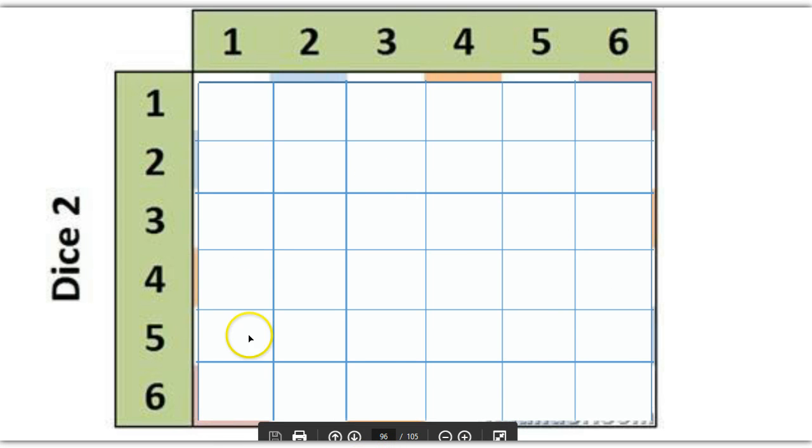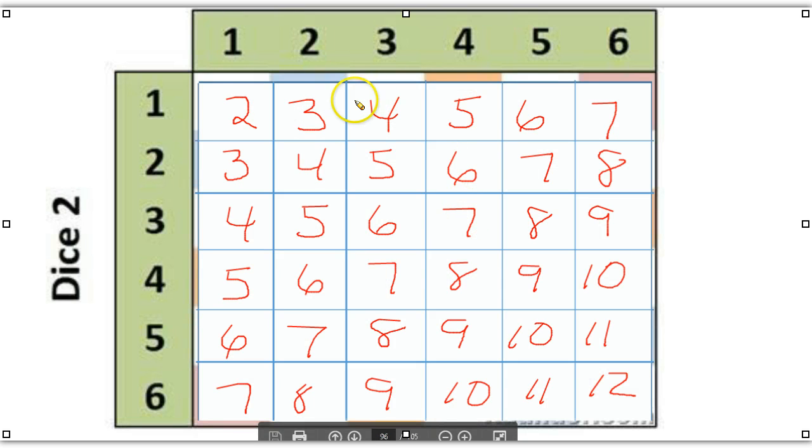So you want to fill this chart in, if in your booklet it's blank. If not, then we see the smallest value is a 2. This would be what we call snake eyes, if you are familiar with that. And then if you get a 6 and a 6, the largest number would be 12. Those are called box cars.